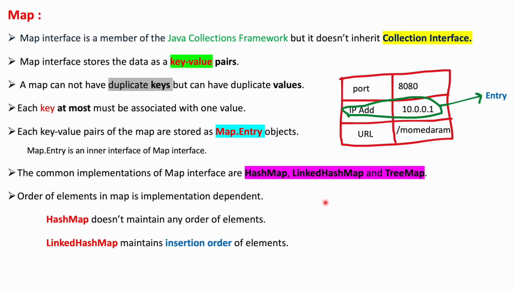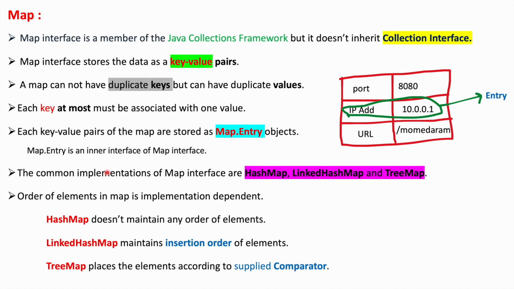If we use TreeMap, the elements will be ordered according to the supplied comparator. The comparator decides how we want to store the data, such as ascending or descending order of keys or values. So with TreeMap, the elements are ordered according to the supplied comparator.